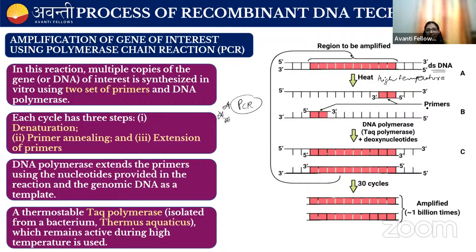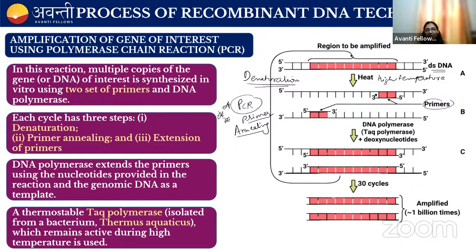Now, the first step is denaturation, because the two strands of the DNA get separated, and the process is known as denaturation. The second step is primer annealing. The primers will bind to the respective strands of the DNA.